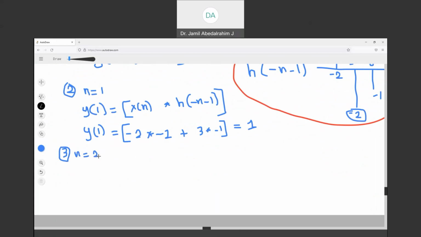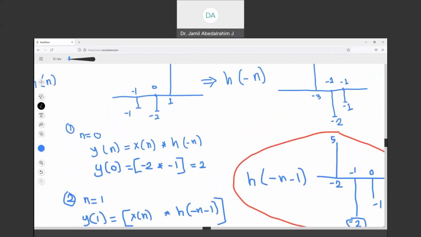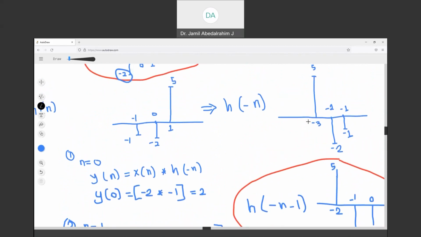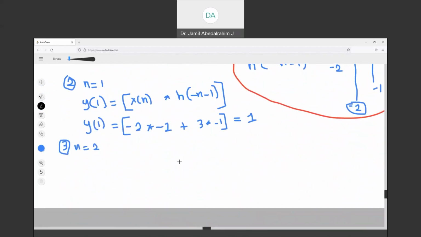Here, h of negative n will be shifted to the right side by 2, to the positive part, and become h of negative n minus 2. We shift it to the right side by 2.